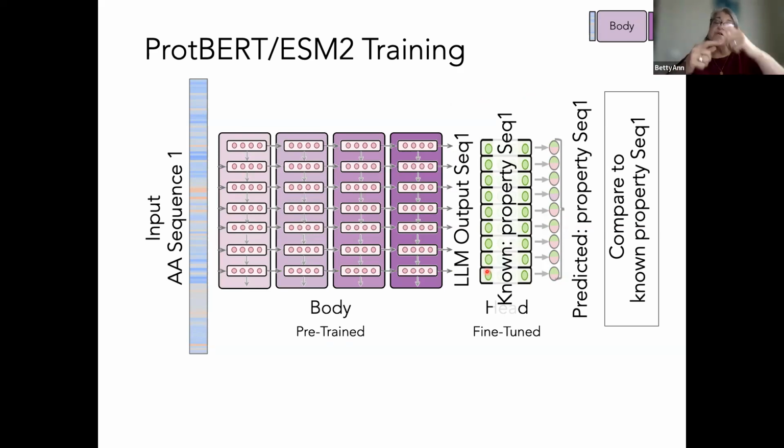We can do this over and over again: I can take a protein my chemists are interested in and throw it through multiple models. There's this funnel where I'm trying to direct them away from things that aren't going to work, or that are more toxic or have less binding, and toward things that are better for drug development.